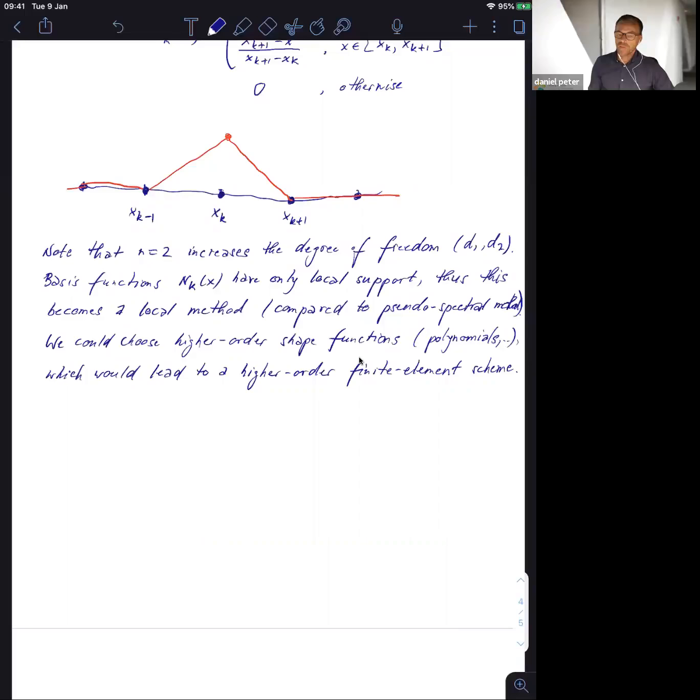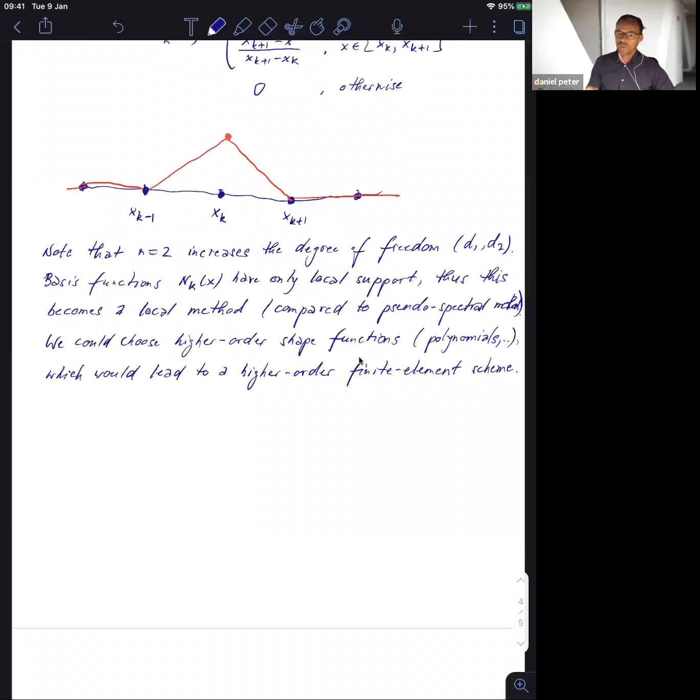In engineering, it's often a low order basis function that we would choose. A linear basis function, for example, is the most simple one. Or we could use quadratic basis functions, for example, to increase the order a bit of a finite element.